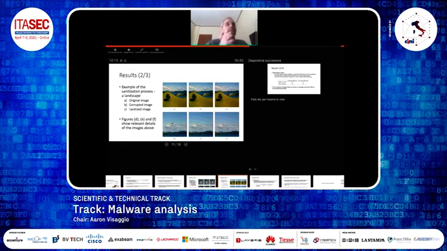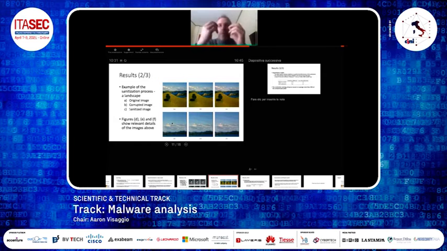This is another example, in this case on an image depicting a landscape, and also in this case, our architecture was able to modify the PowerShell script, so as to make it unreadable, and to partially restore the quality of the image.